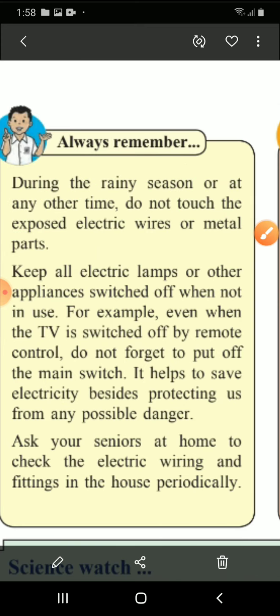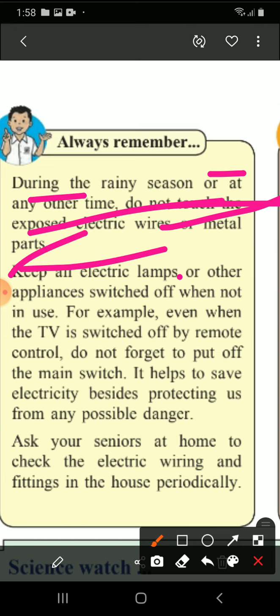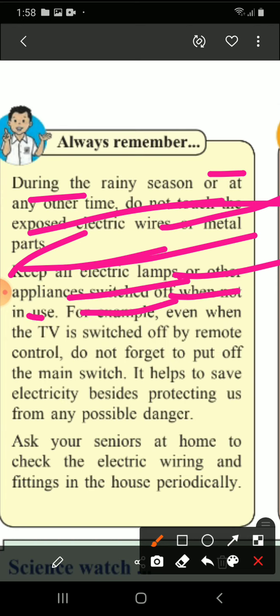During the rainy season or at any other time, do not touch the exposed electric wires or metal parts. Keep all electric lamps or other appliances switched off when not in use. For example, even when the TV is switched off by remote control, do not forget to put off the main switch.